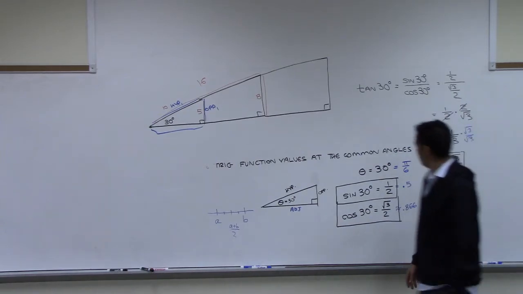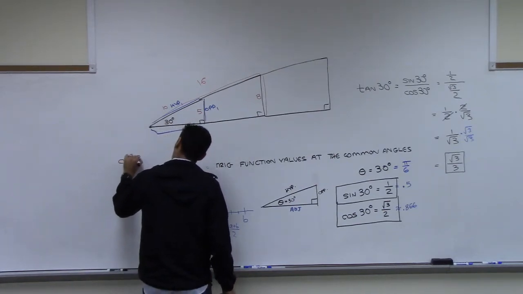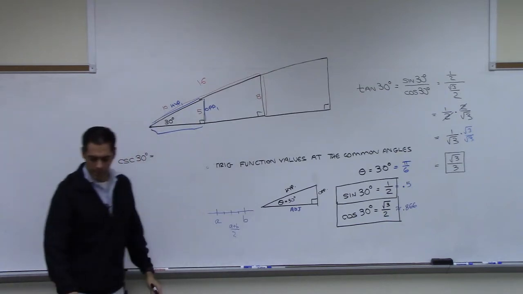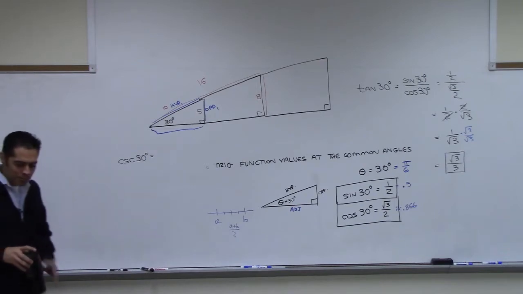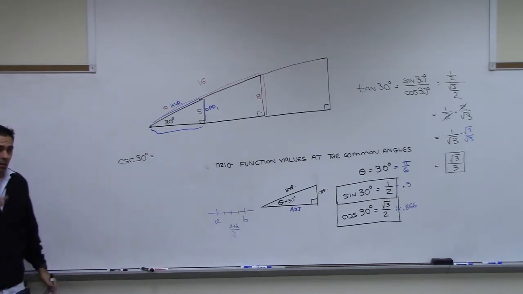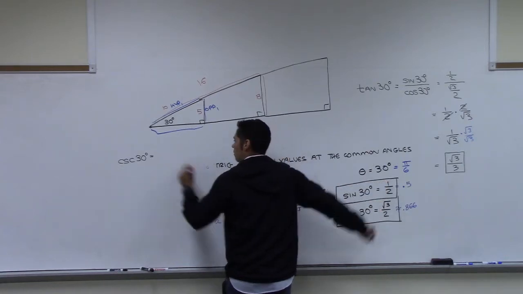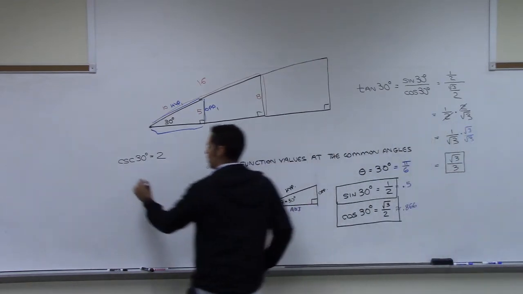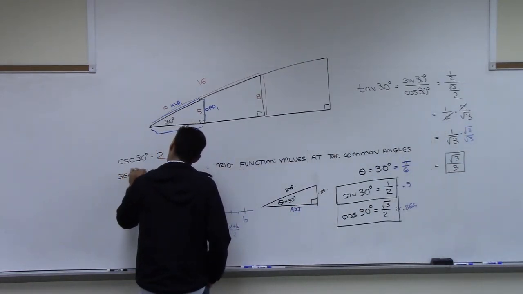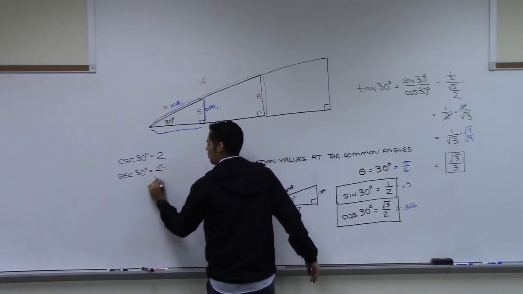All right, while we're here, let's look at the other 3. How about cosecant of 30 degrees? We're going to flip over sine, right? We're going to reciprocate sine. So instead of 1/2, we're going to go 2 over 1, which is just 2. And then for secant of 30 degrees, we're going to flip over this one. So that's going to be 2 over root 3 instead of root 3 over 2.